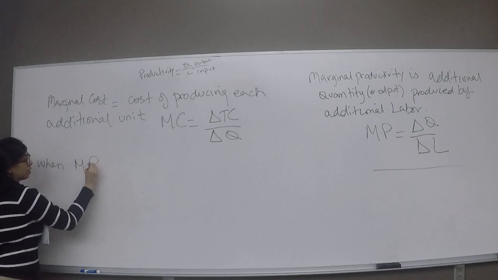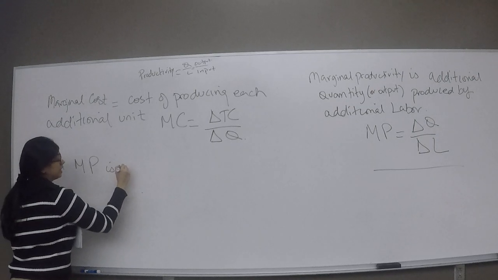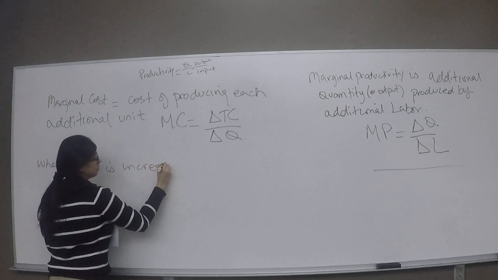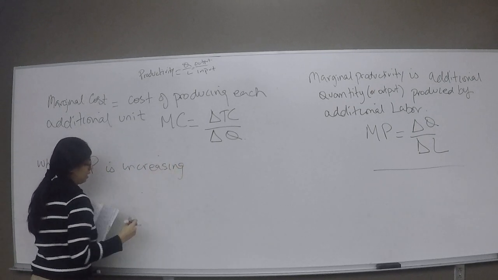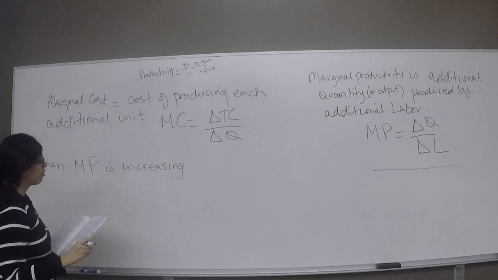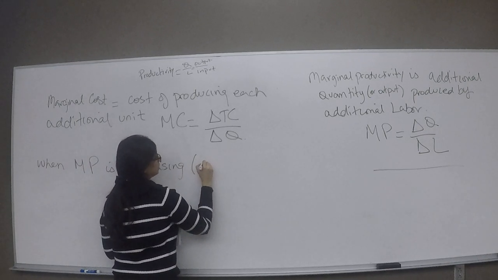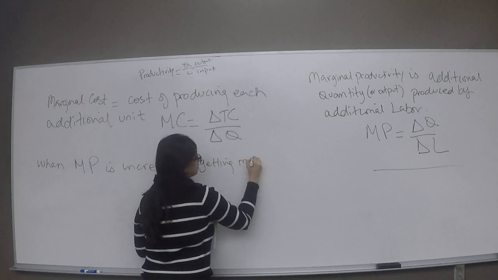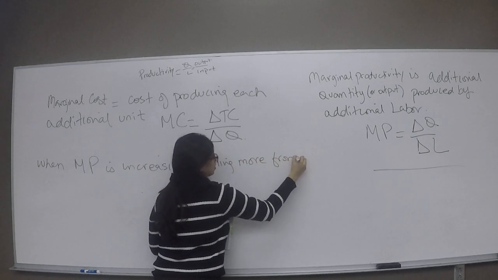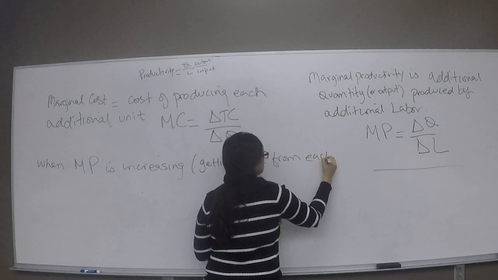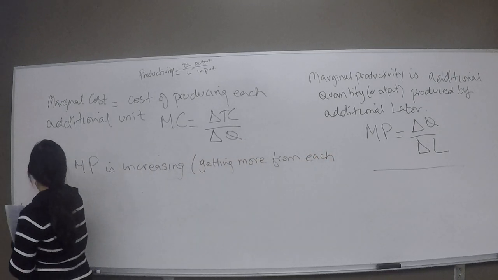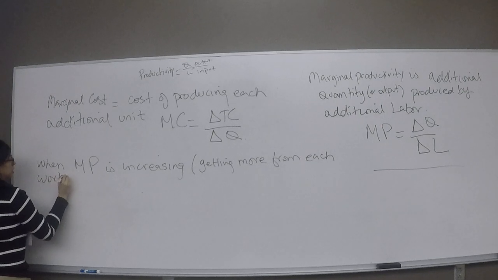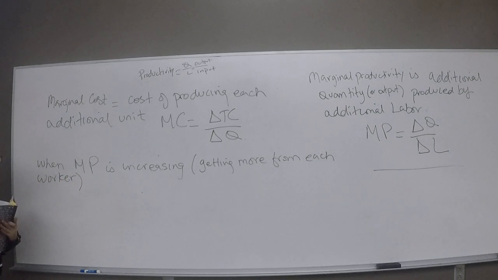When marginal productivity is increasing, getting more from each worker, what's happening is marginal cost is going down.